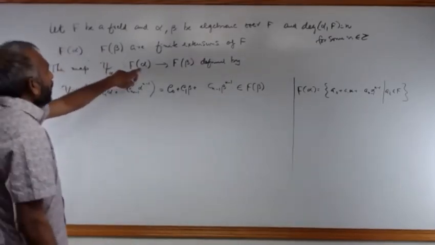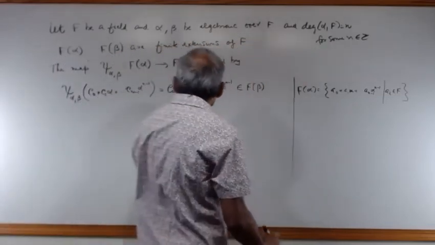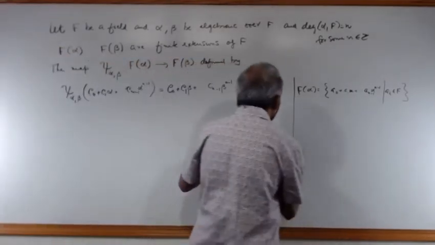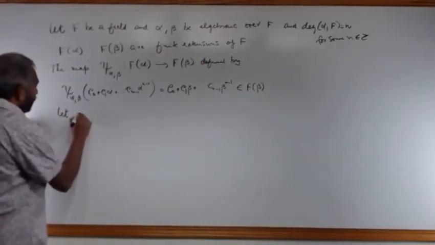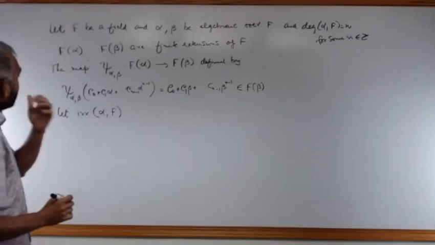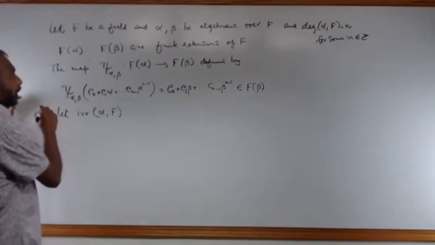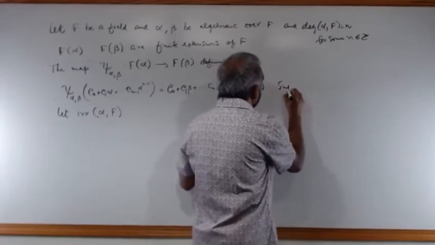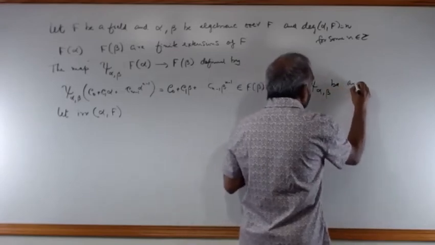See, alpha is an algebraic element over F of degree n. So we can assume one irreducible polynomial of alpha over F. Before we go further, suppose this map psi_{alpha,beta} is an isomorphism.